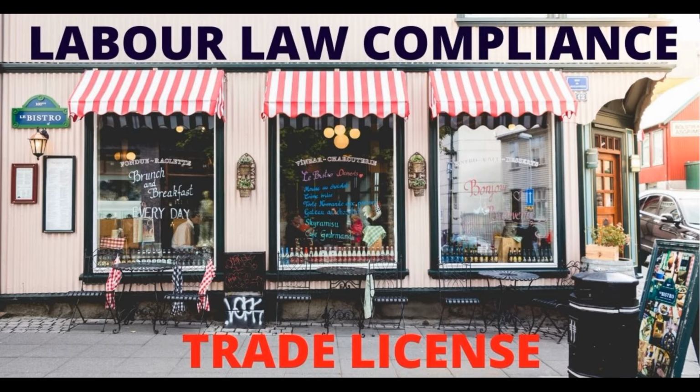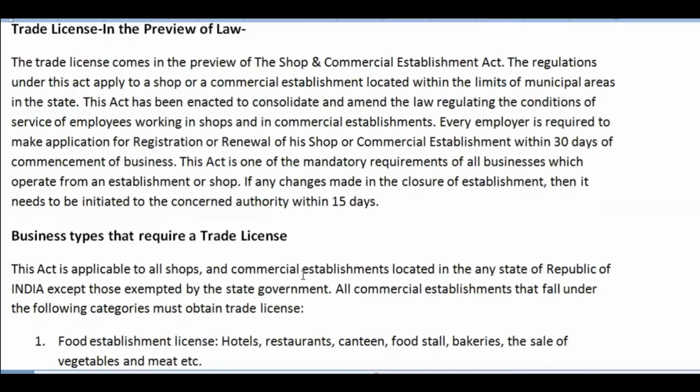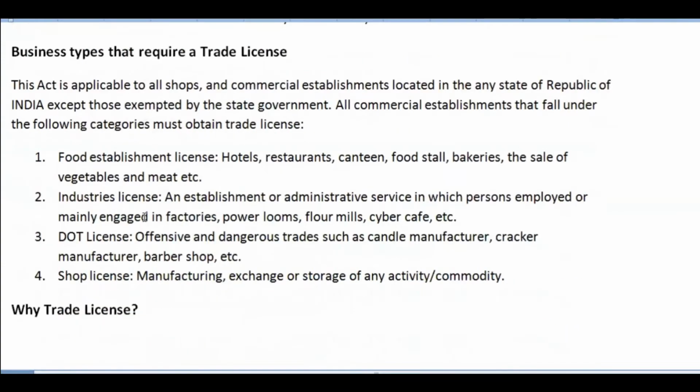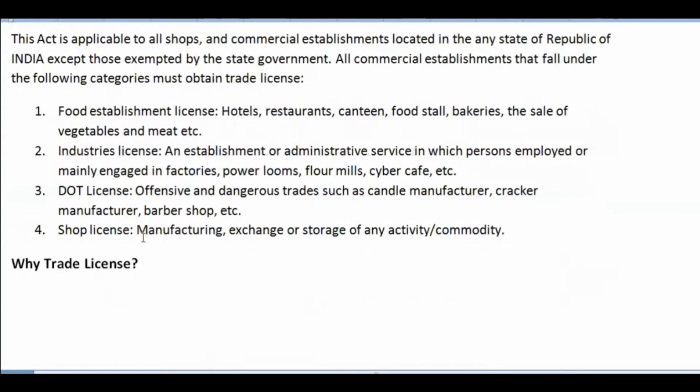You need to apply for the license for the trade or business you are initiating or commencing, at the commencement of your business or before that, and within 15 days.